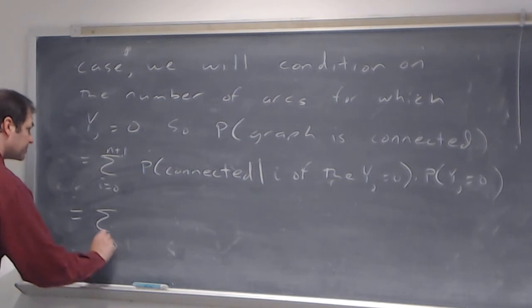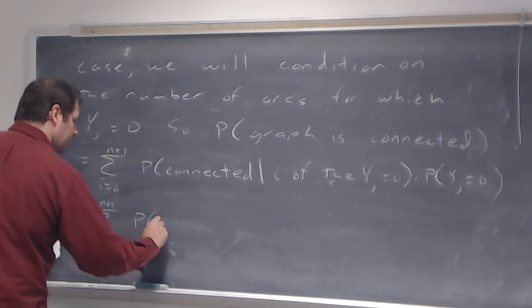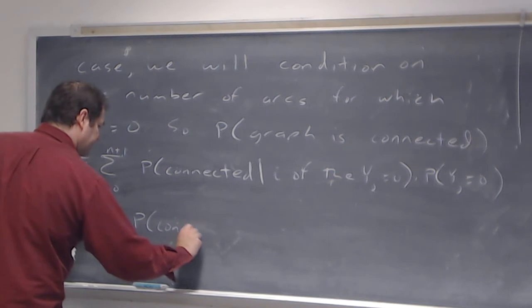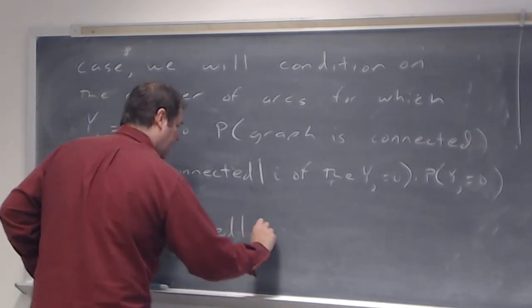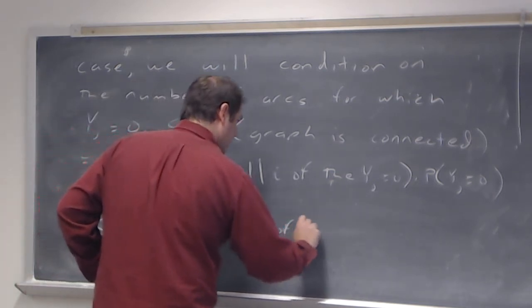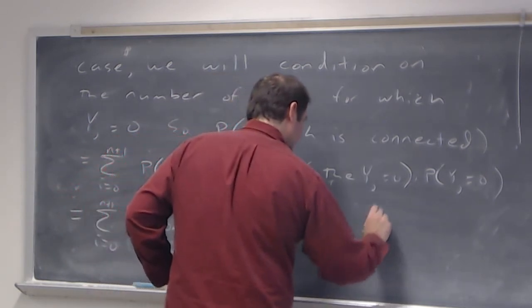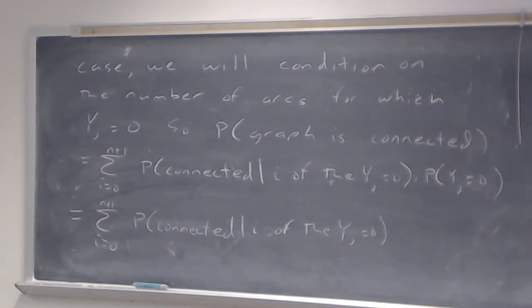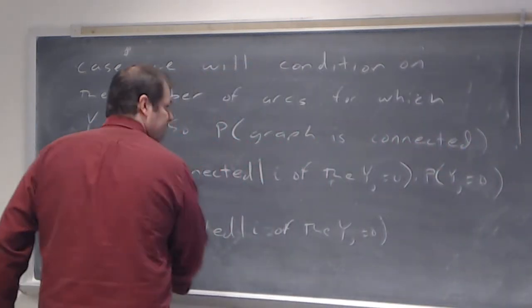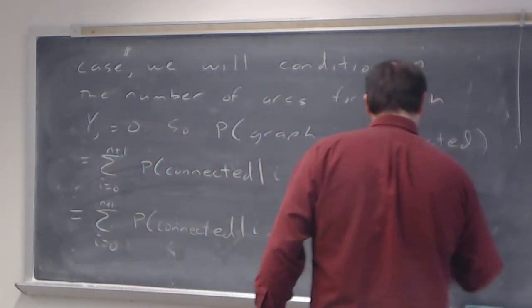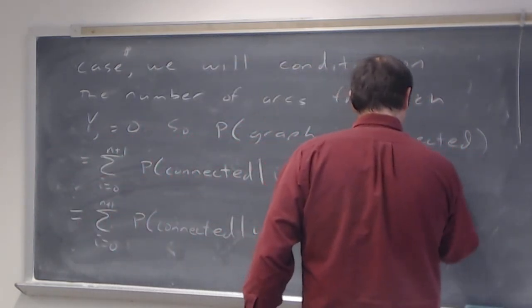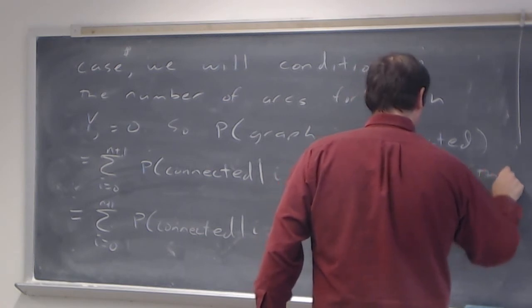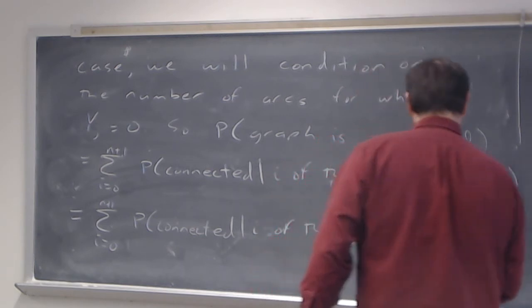So this is the sum as i runs from 0 to n plus 1 of the conditional probability of the graph being connected, given i of the y sub j's are equal to 0, times the probability that i of the y sub j's are equal to 0.